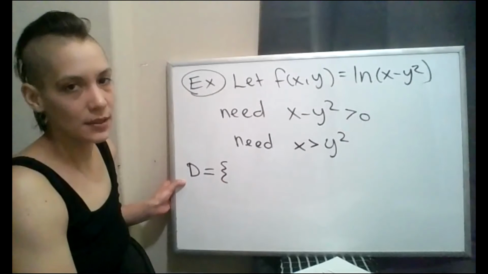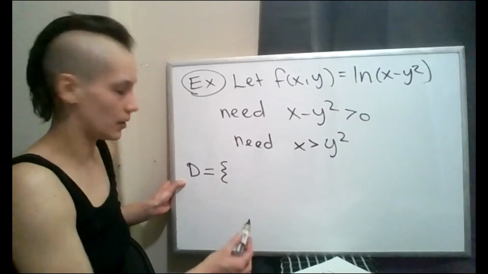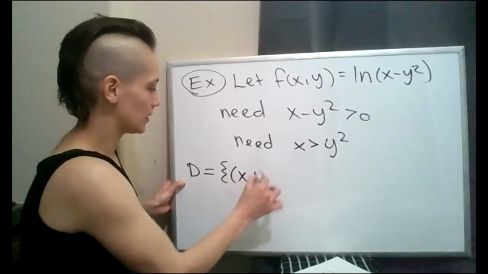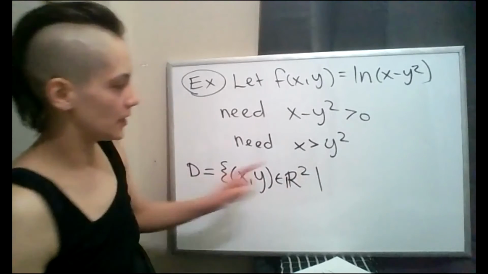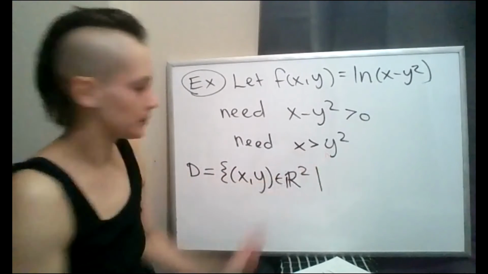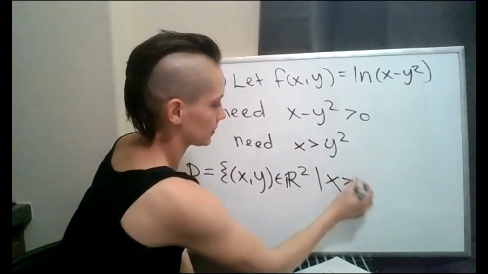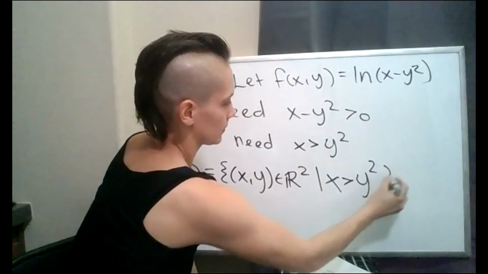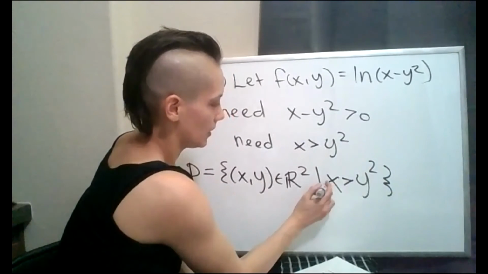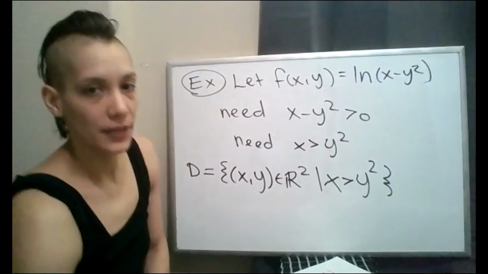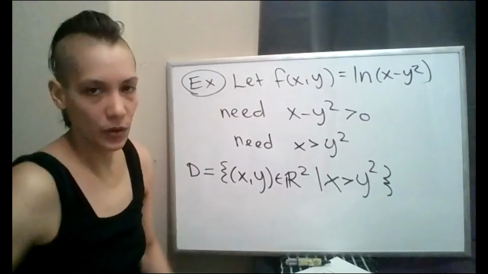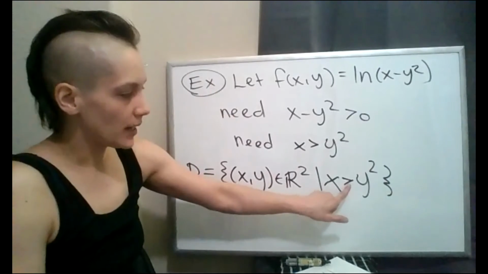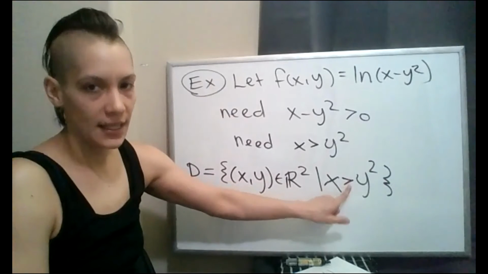Okay, so the set is all x, y in R squared such that x is greater than y squared. And the graph, it's a sideways parabola. And then we'll go through drawing it with dots and testing a point.